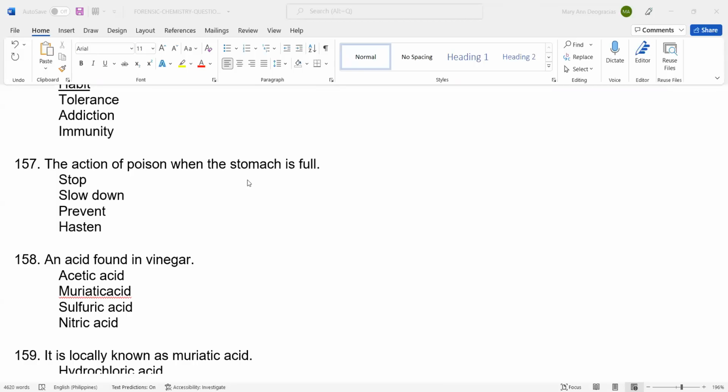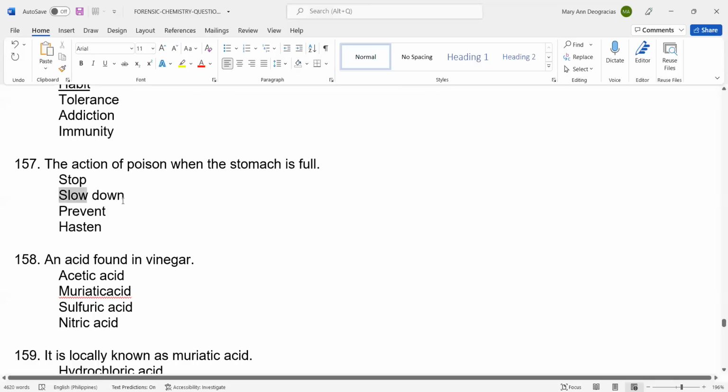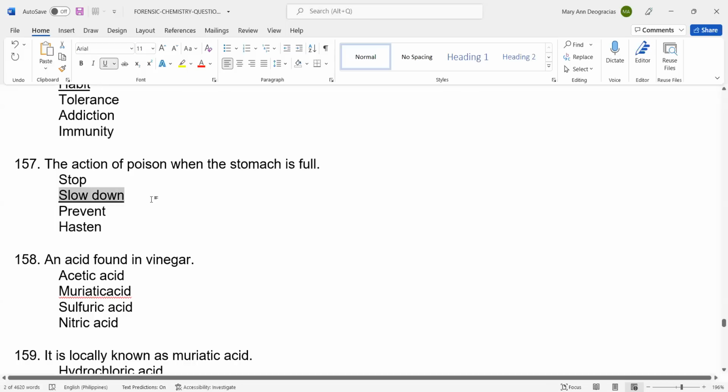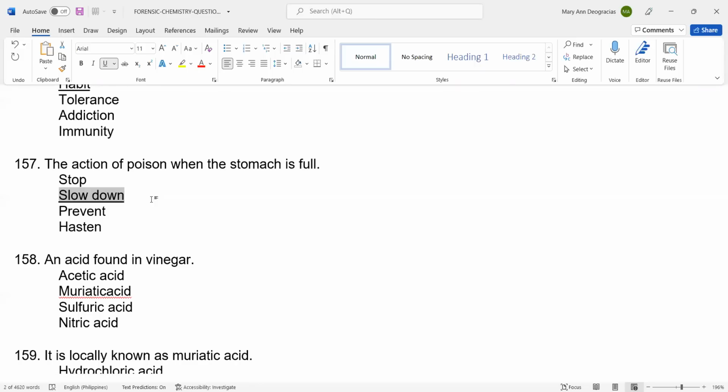So, it will slow down or it will delay. Kasi ang tao, halimbawa, na-expose tayo sa gaseous substance, in between busog na tao at saka gutom na tao, madaling mahilo dyan is yung gutom. So, when the stomach is full, this will slow down or will delay the action of the poison kasi may pangontra ka doon sa effect ng poison. Okay?